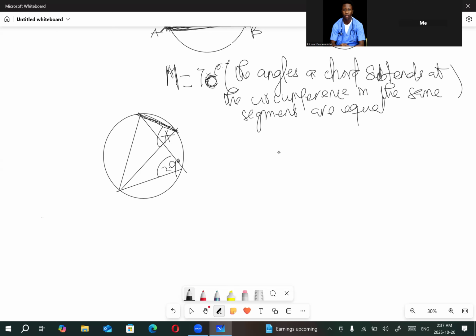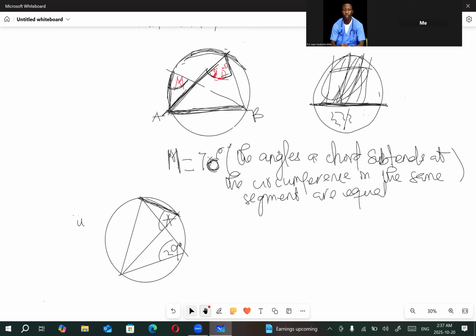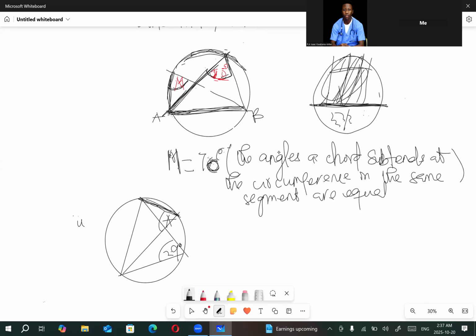So the second one, find the value of the lettered angle. A equals 29. It's 29, not 25.